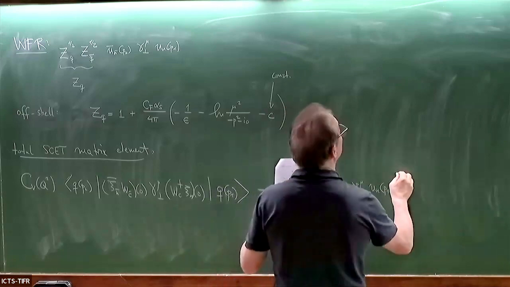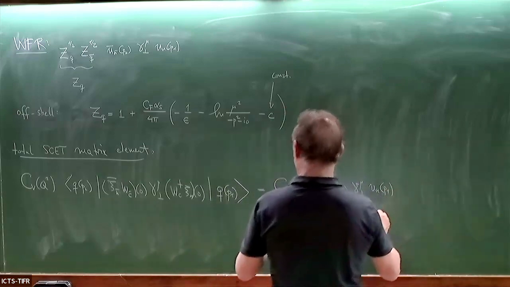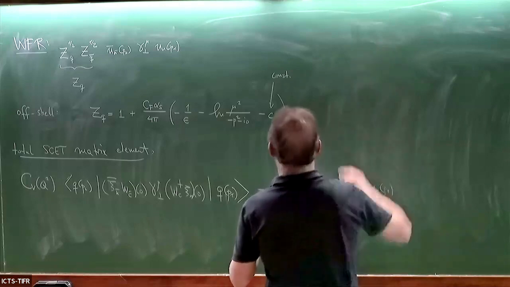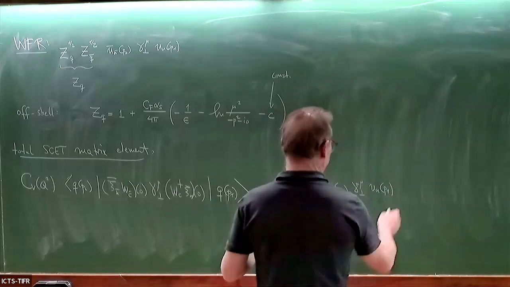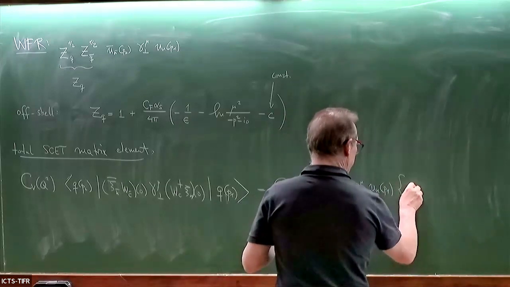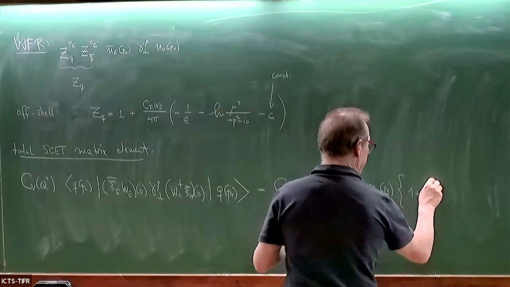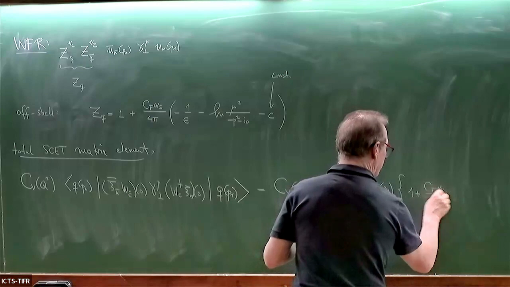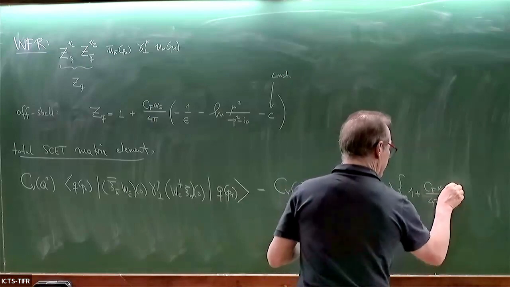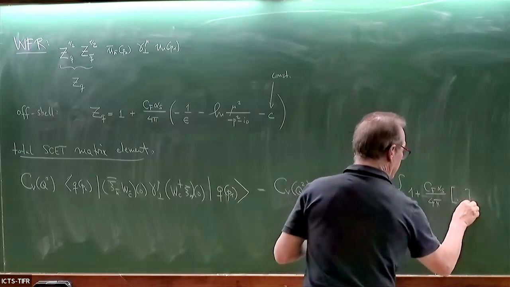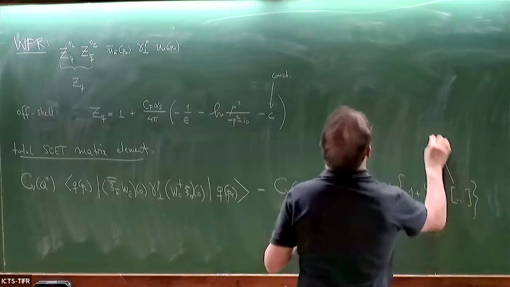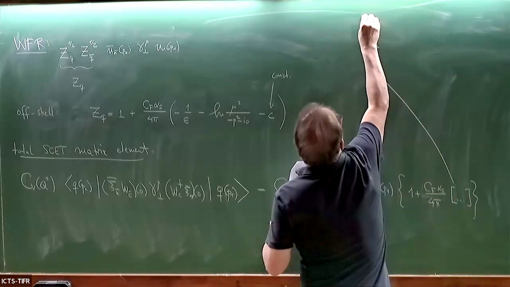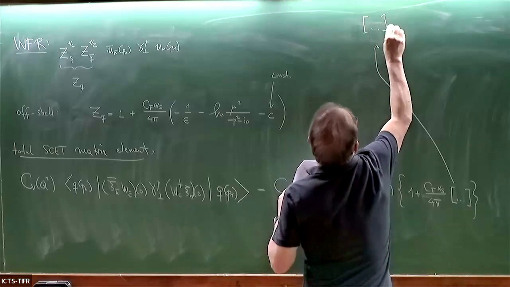And now, I should have written it up there. Let me just say 1 plus da da da, and the da da da is CF alpha S over 4 pi times a correction, and the correction I give here now. What is this correction?